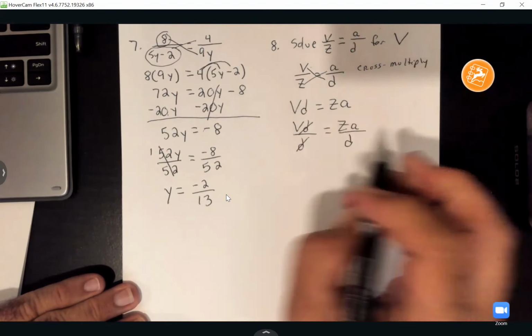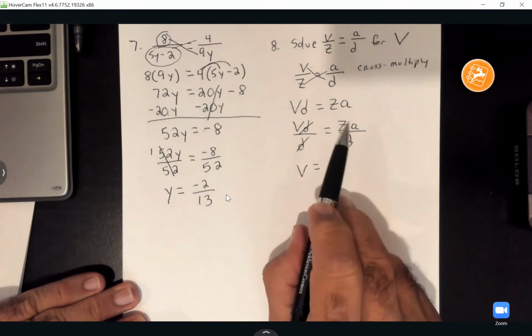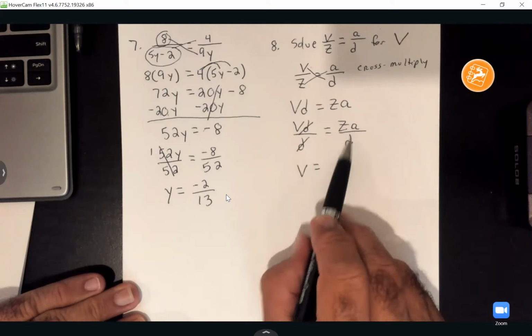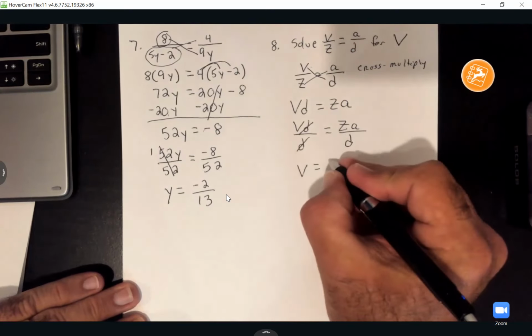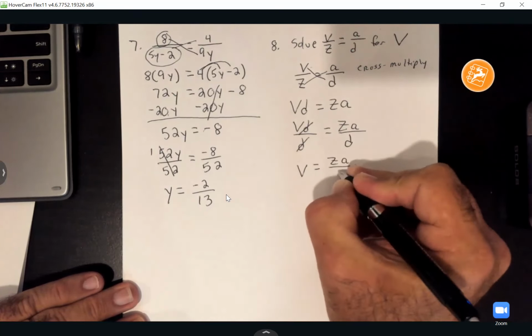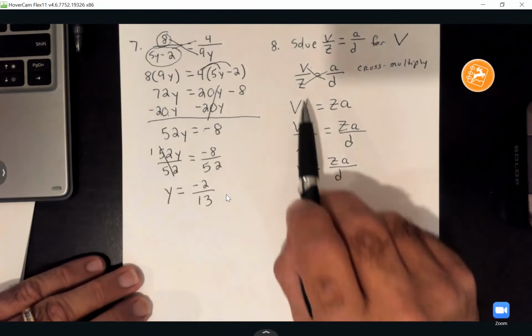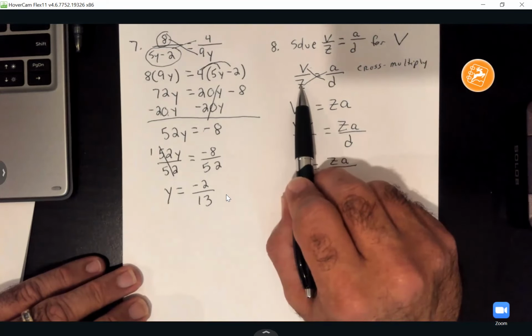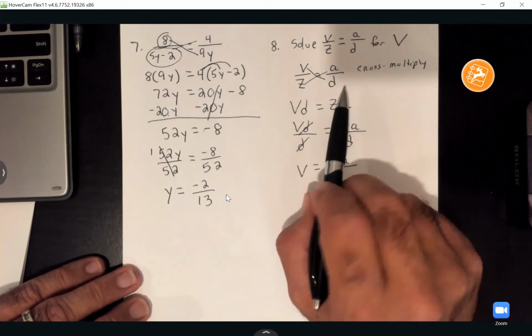These d's cancel, giving me my V. Over here, we cannot do anything else to that. So that's going to stay a Z times a little a, all divided by a little d. So basically all we did, the Z that was on the bottom on this side went to the top on the other side and we were done. Okay.